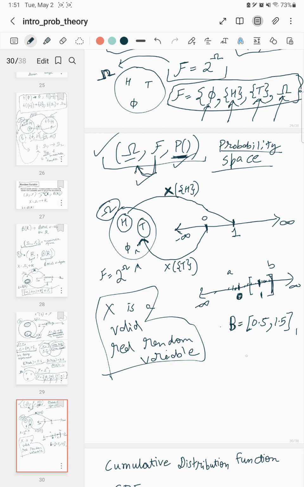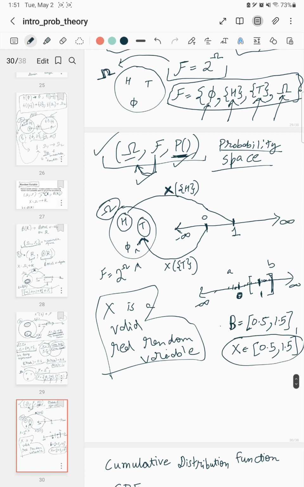Now, if we want to calculate the probability of our random variable x lying in this interval 0.5 to 1.5, what is the probability of this occurring?